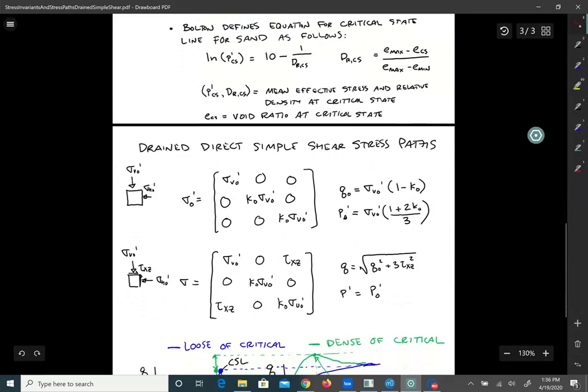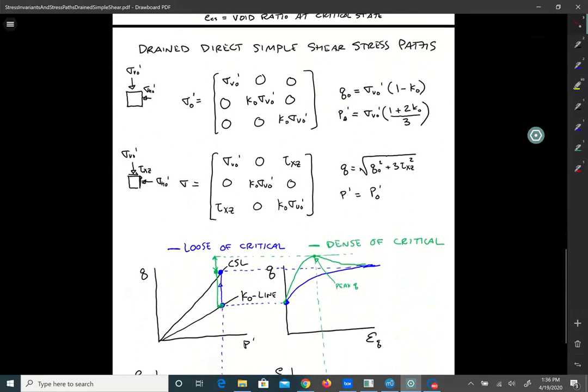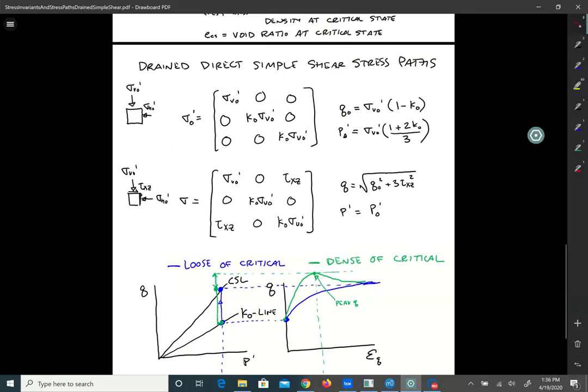All right, now let's look at how we might use these plots to interpret the results from a drained direct simple shear stress path. And so we have to be pretty careful now to go back through and interpret the stress path using our knowledge of stress invariants. So here's the initial condition for a direct simple shear test, right?